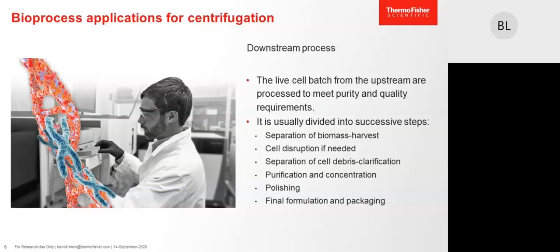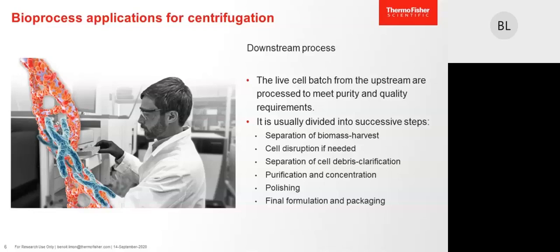Or the other way around, in case the product of interest is released out of the cell into the supernatant during the upstream. So the first step here is the separation of the biomass, the pellet, the cells, from the supernatant. This is also called the harvest step.